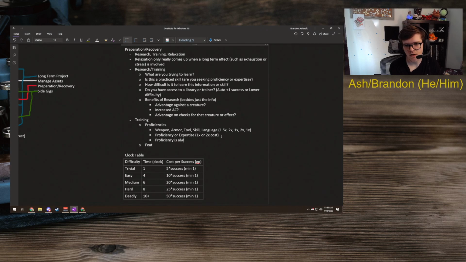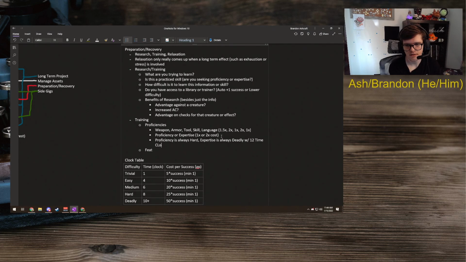Proficiency is always medium, or proficiency is always hard because that will get it to roughly the same amount of gold. And then expertise is always deadly with a 12 time clock.